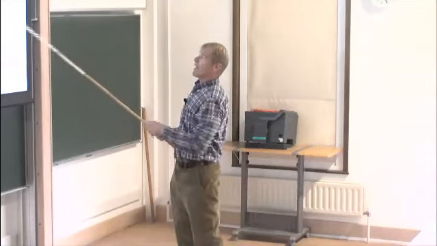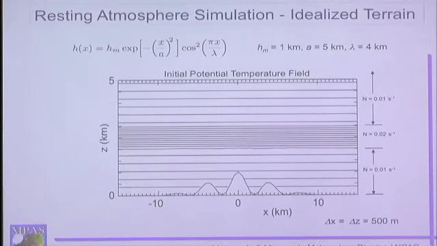So by having these sharp changes in stability, that puts more stress on computing the horizontal pressure gradient accurately. I think it's important, if you want to really see how things work, to get some structure into the atmospheric profile. So this is non-hydrostatic.